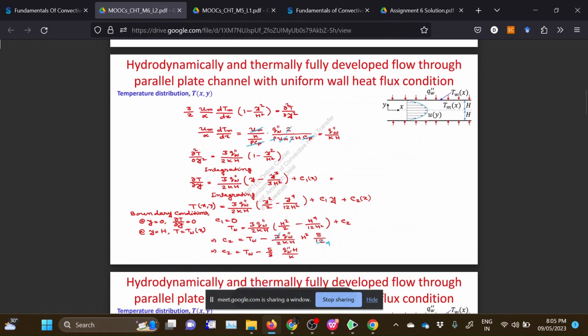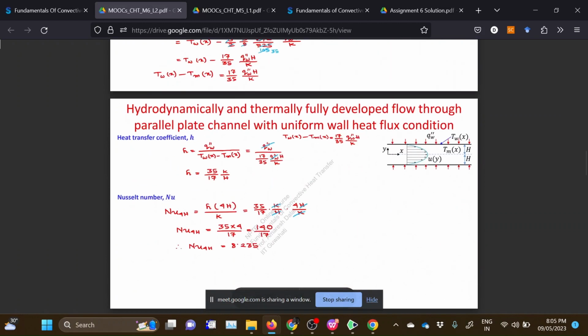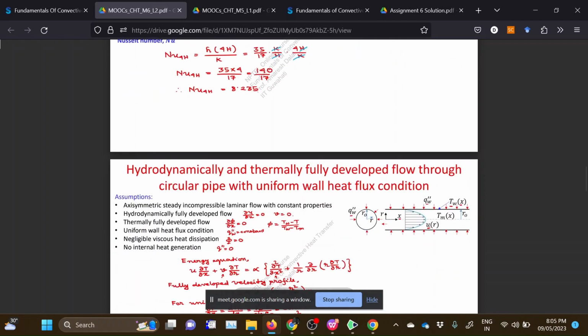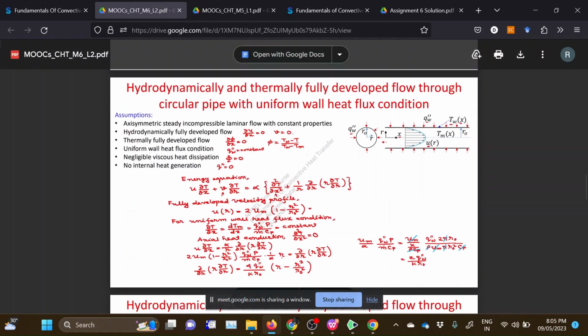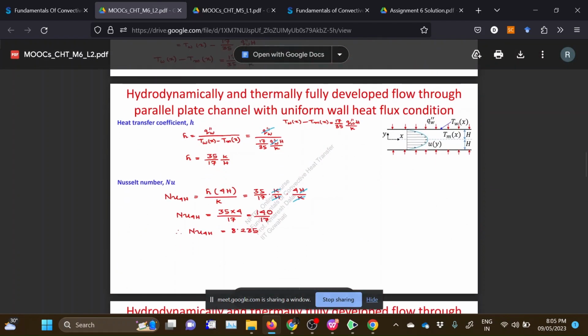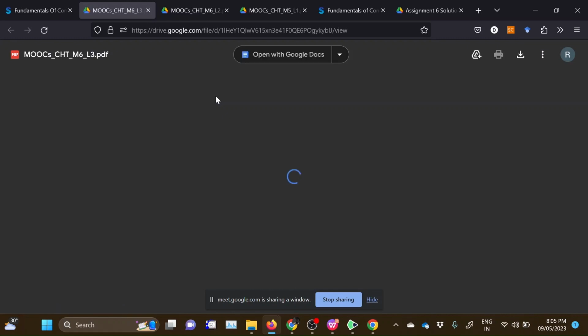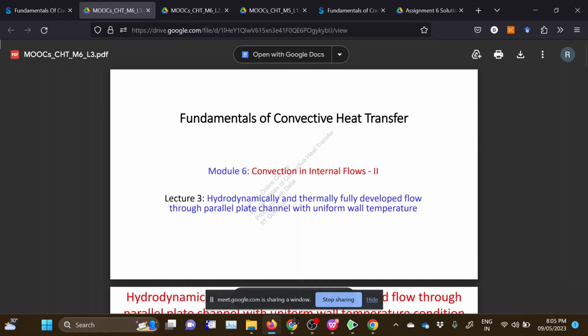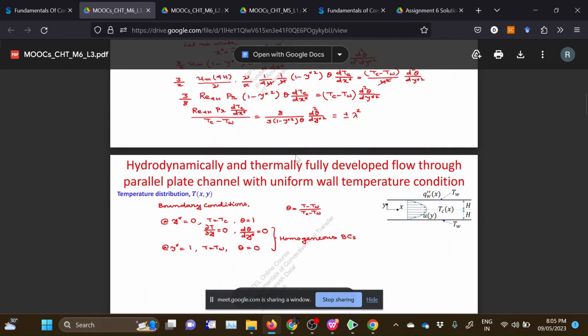I also forgot the Nusselt numbers. So we just now saw that for uniform wall heat flux, it was 8.235 or 140 by 17. And we have to look for the one where it was uniform surface temperature or uniform wall temperature.